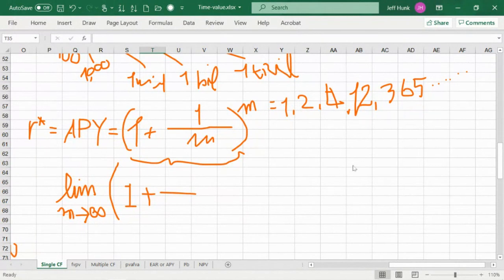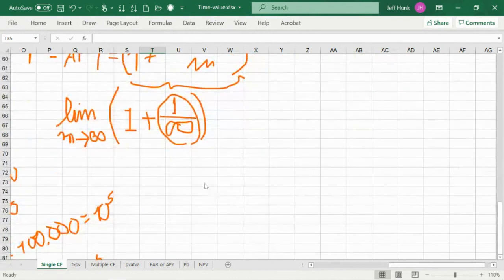So if we extend that to infinity, if we are breaking up 1 year by infinity, think about it. What is this going to be like? What's this number going to be like? You're dividing 1 by an infinitely large number. What's it going to be like?